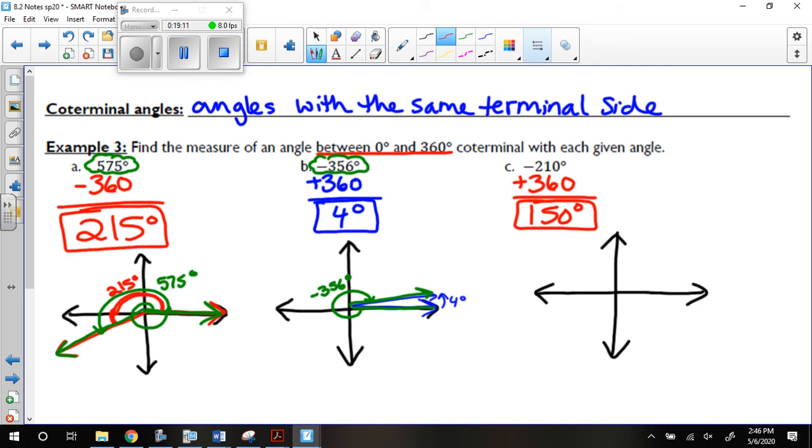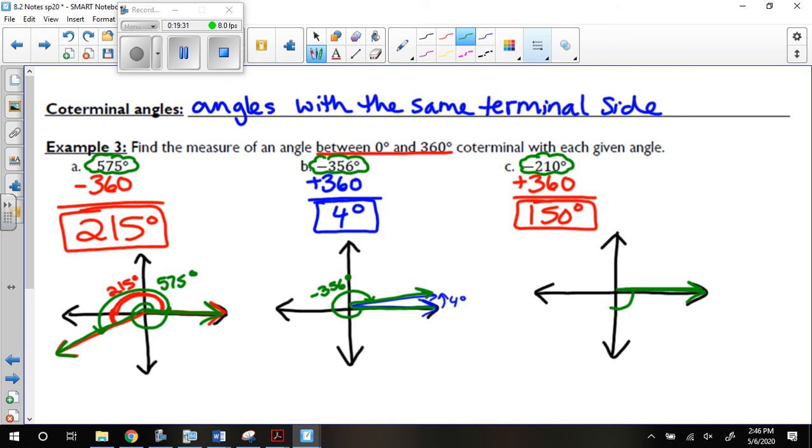All right, so we've got negative 210. I'm actually going to graph that one first. We've got our initial side here. If I go to our negative y-axis, that would be negative 90 degrees.